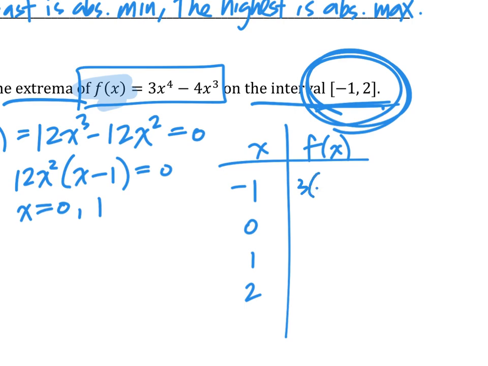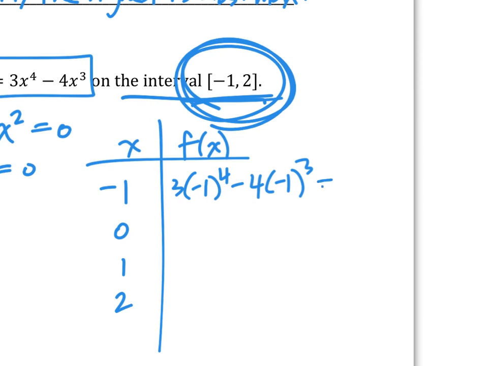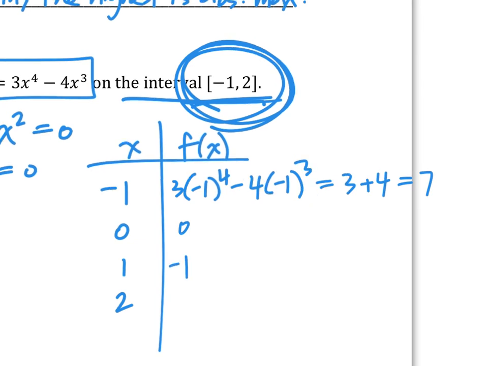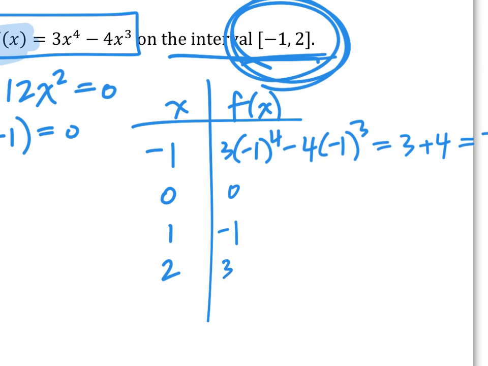So 3 times negative 1 to the 4th minus 4 times negative 1 to the 3rd. That is 3 plus 4, so 7. All right, plug 0 in, 0. Plug 1 in, you get negative 1. Plug 2 in, 3 times 2 to the 4th minus 4 times 2 to the 3rd.